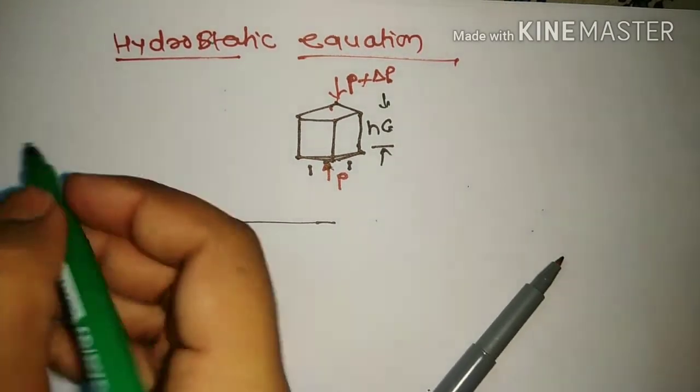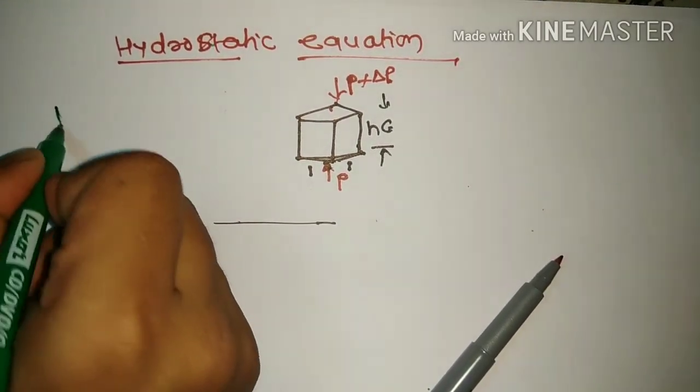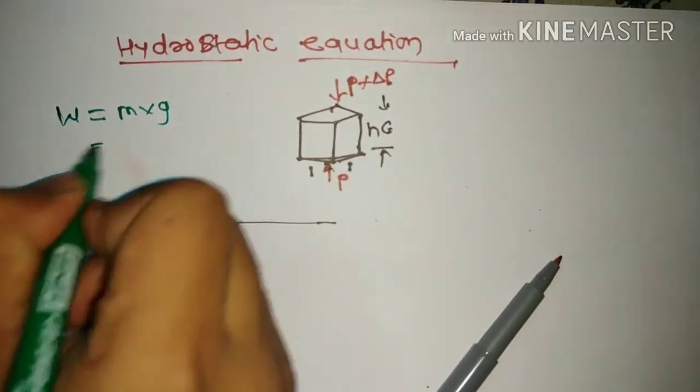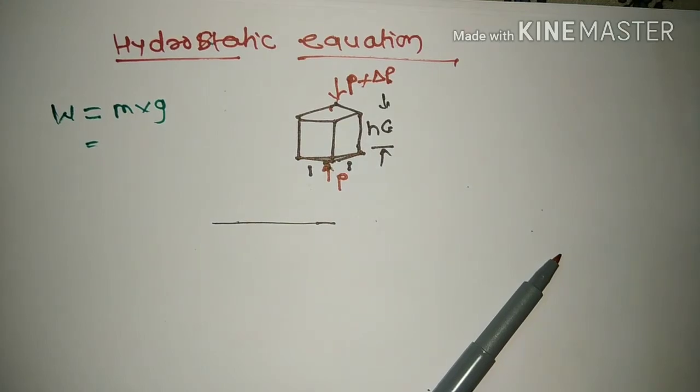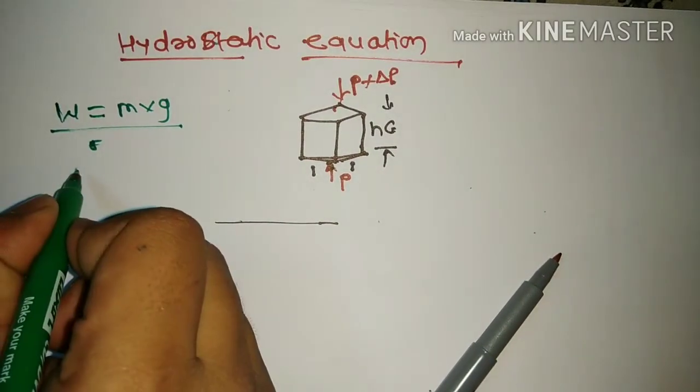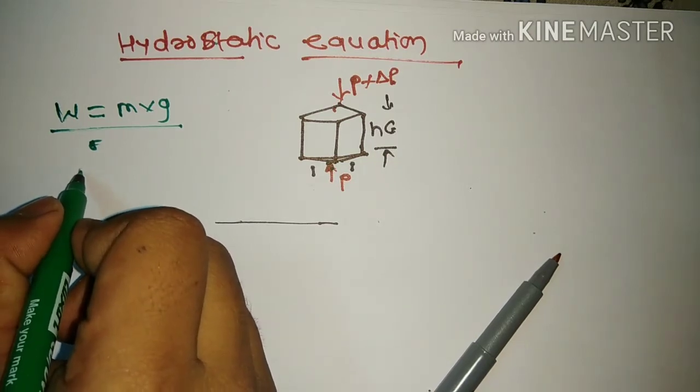We know the weight is equal to mass times gravitational field.